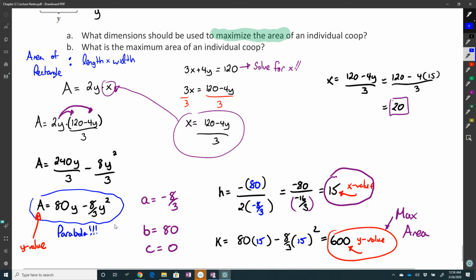So that means that the dimensions used to maximize the area of the chicken coop were 15 by 20. And we were in feet, right? Yeah. 15 by 20 feet. I need to put A right there.